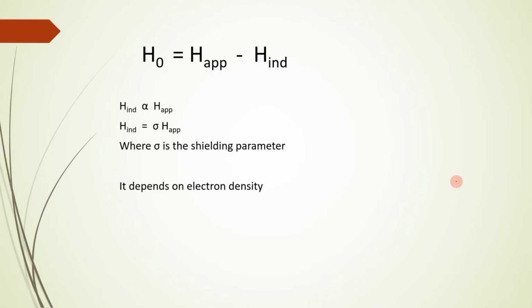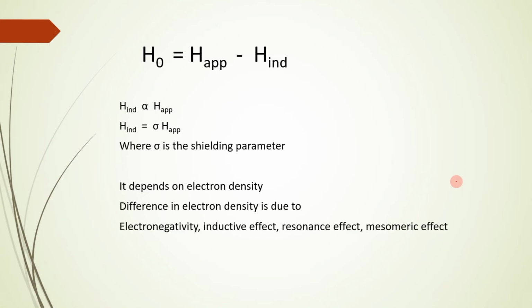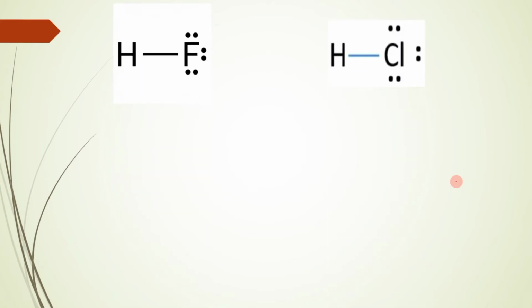In between any two atoms, there is a bond. So the electron density in each bond is not the same. The difference in electron density can be due to inductive effect, resonance effect, or mesomeric effect. In the bonds of HF and HCl, the electron density on fluorine and chlorine will be different.